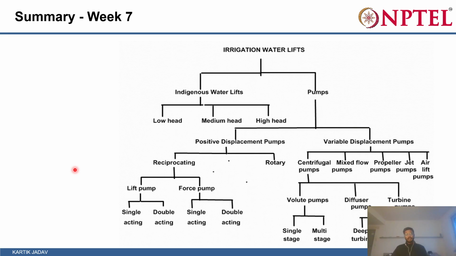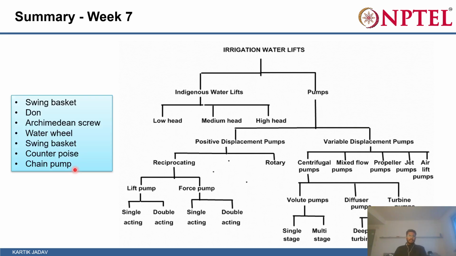Before we move on to week 8, in week 7 we talked about various kinds of water lifts, and divided them into indigenous water lifts and pumps. Indigenous water lifts are generally divided into low head, medium head, and high head.